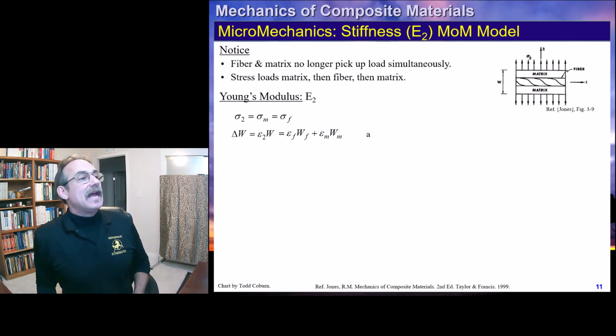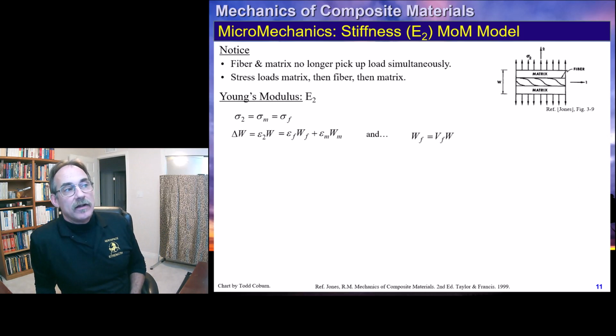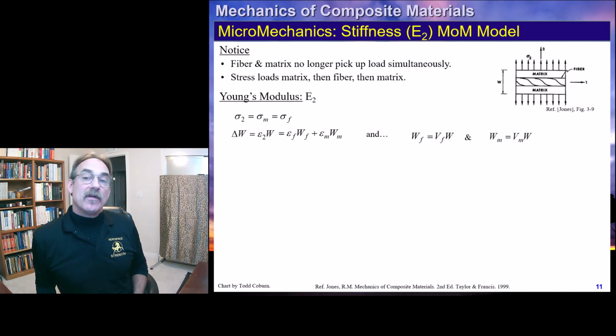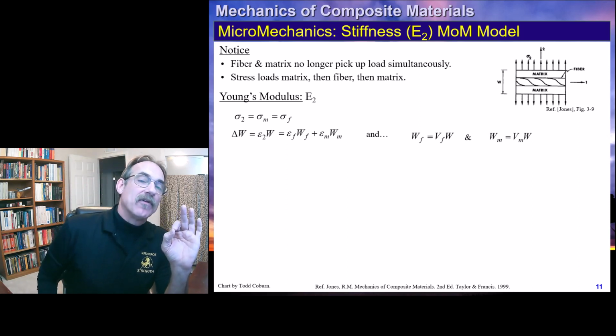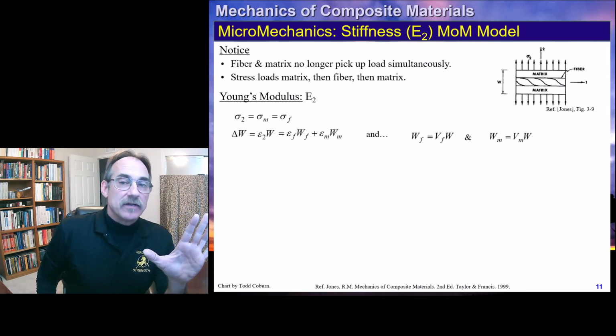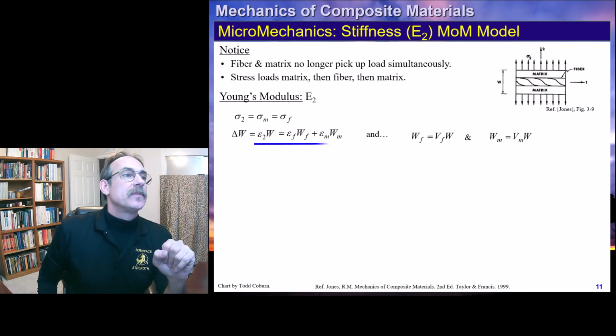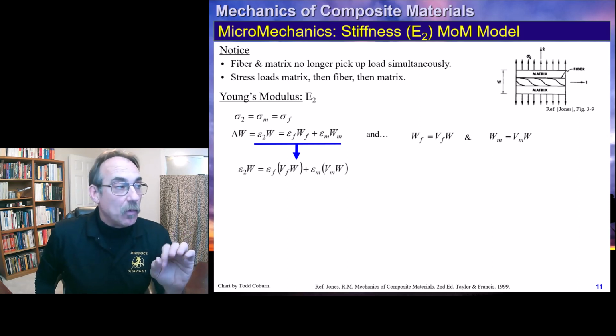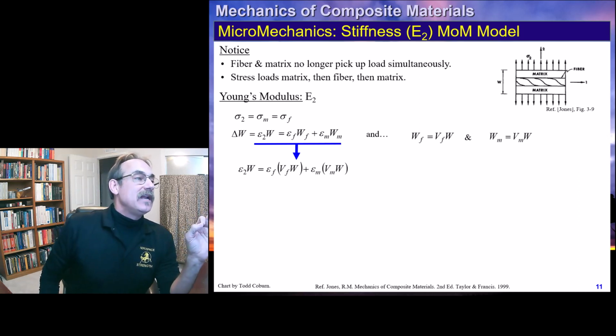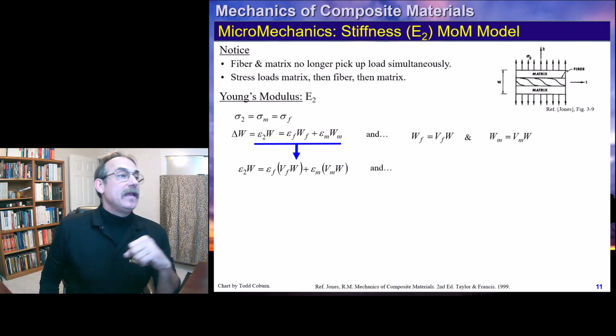And we can calculate what each of those are. The fiber width can be approximated from the volume fraction with this model, and the matrix width can be approximated from the matrix volume fraction, which is just 1 minus the fiber volume fraction, by the way. Plug these in and we can write our equation this way.